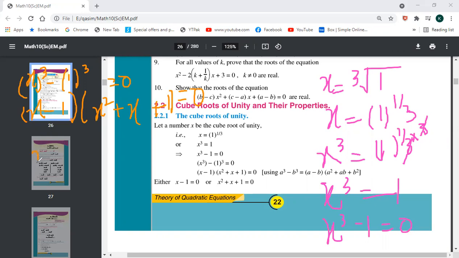So the first factor is x minus 1 equals 0, which means the first root is x equals 1.